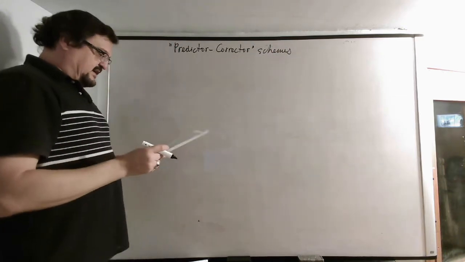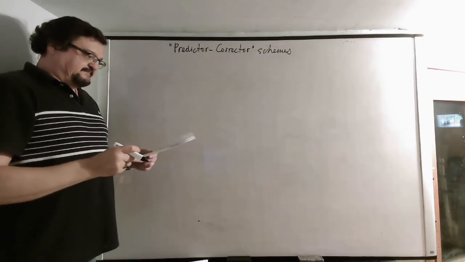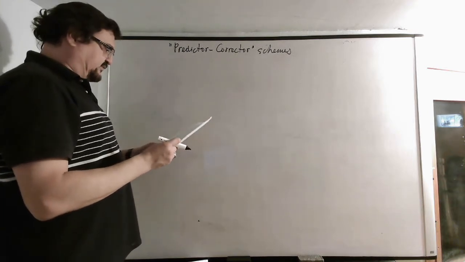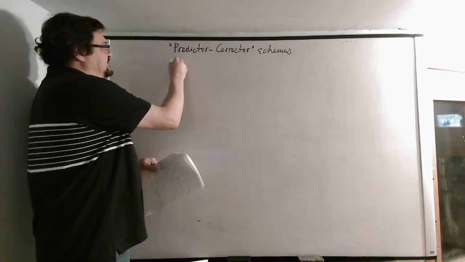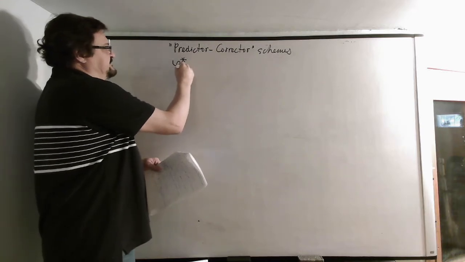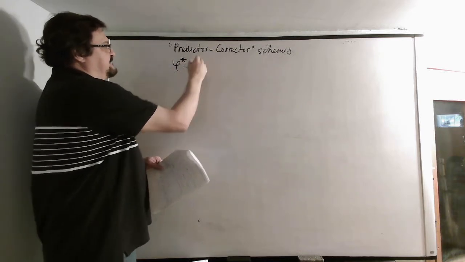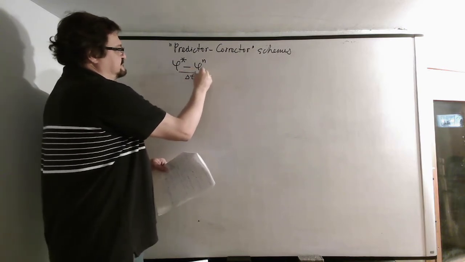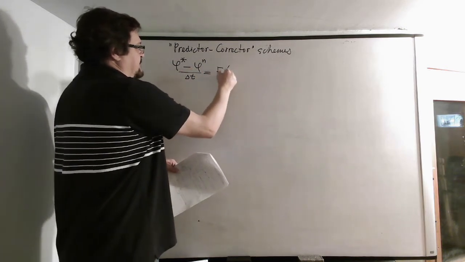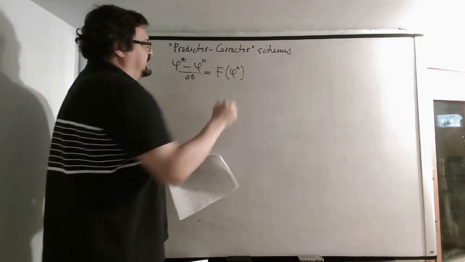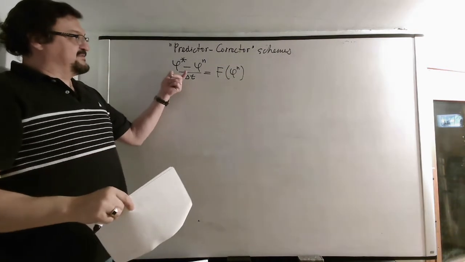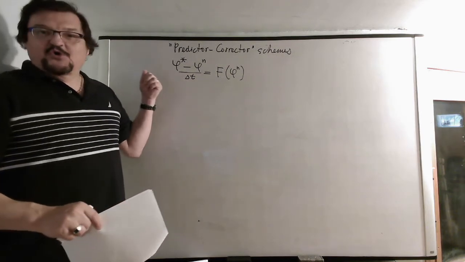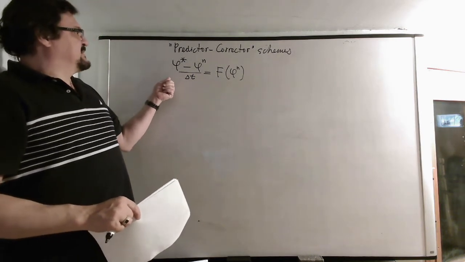A good example of predictor-corrector schemes is the Matsuno scheme. Basically what it does, first it computes a provisional solution, this star, using just the Euler scheme. It's unstable, but that's only one time step you do, so it's not going away too far.